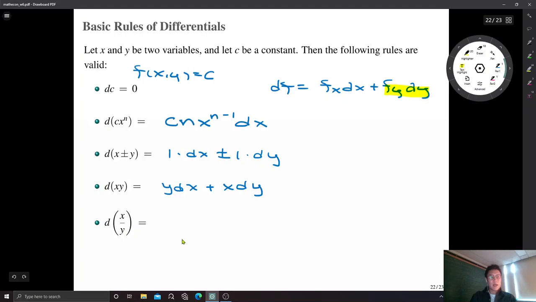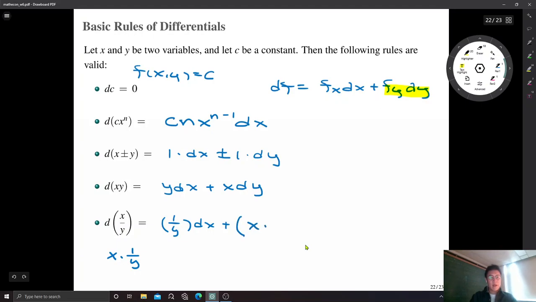Finally, f is given by x over y. So x over y can be thought of as x times 1 over y, right? So we can decouple x from 1 over y. So the partial derivative with respect to x is now 1 over y, since 1 over y is a constant. So 1 over y dx. And then the partial derivative with respect to y, right? Now x is a constant. So leave x alone.